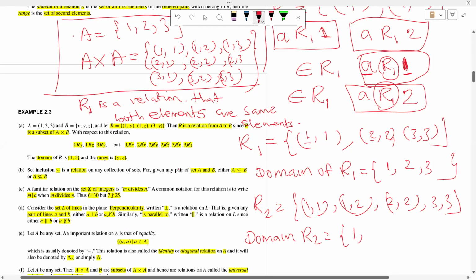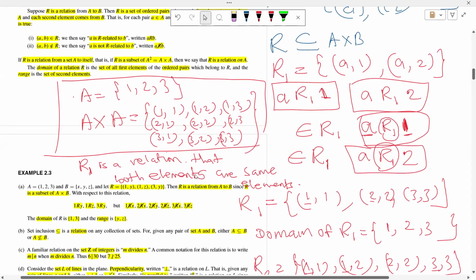Is it correct to write 1, 1, 2, 3? If an element is duplicated, you don't need to write it again. So you can write 1, 2, 3 as the domain of this relation. Even if an element occurs two times, three times, or n times, you write it only once while writing the domain of the relation.